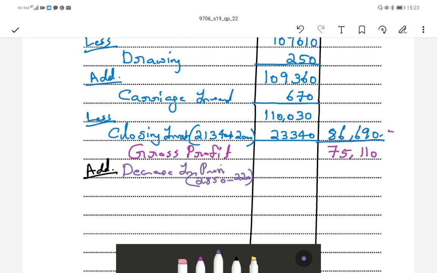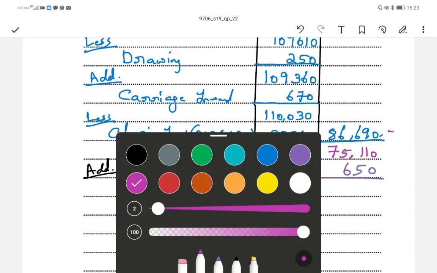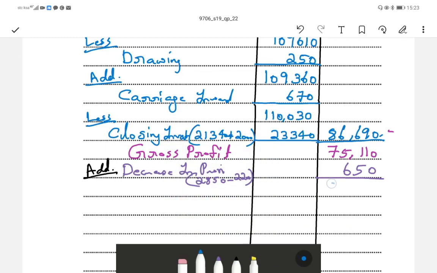What is the amount? The amount is 650. We add, so it becomes now 75,000. When we add, it becomes 75,760. Now we have to less expenses.